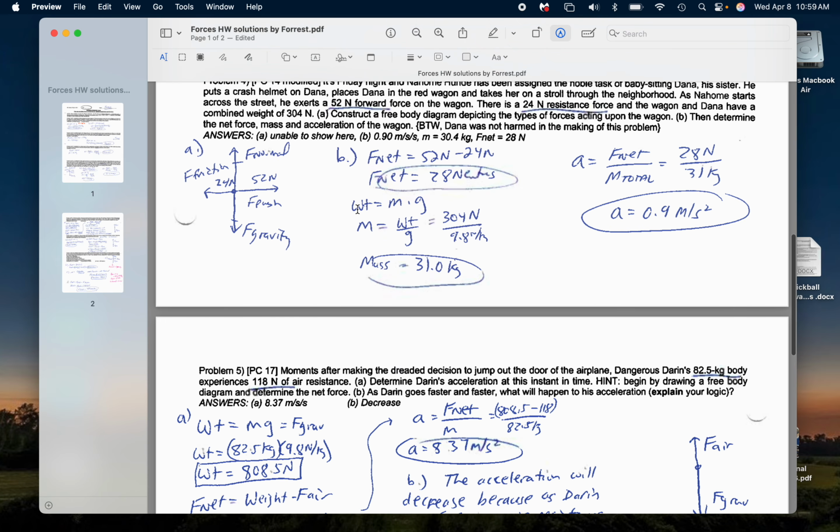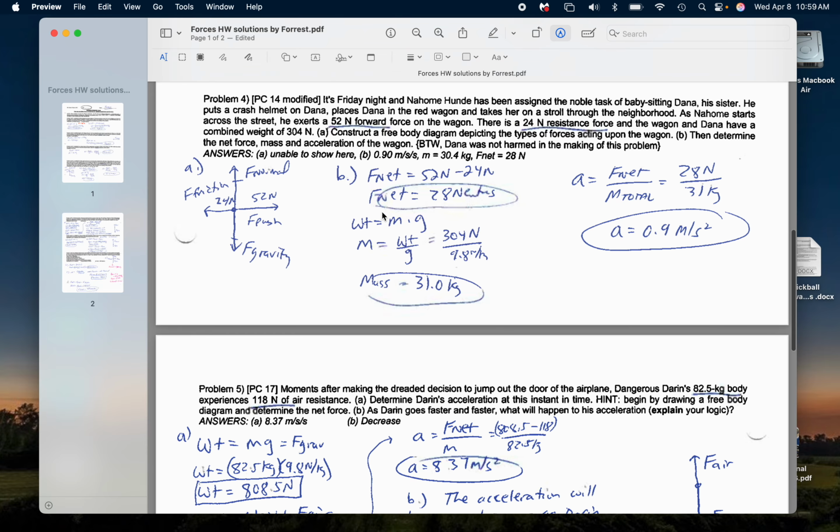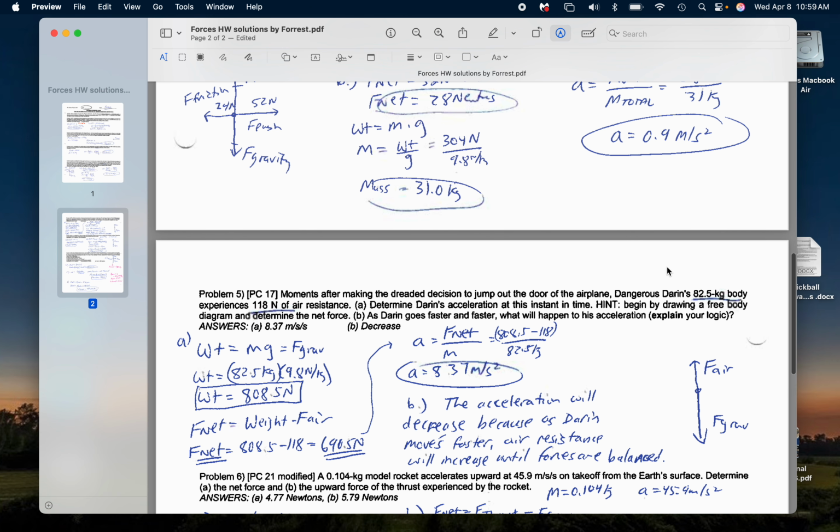So weight, which is a gravitational force, is equal to m times g. We know the weight of this is 304 newtons. We know g is 9.8 newtons per kilogram. So rearrange that to solve for mass. I get that the mass is 31 kilograms. So now it's simply force over mass, acceleration's 0.9 meters per second squared.